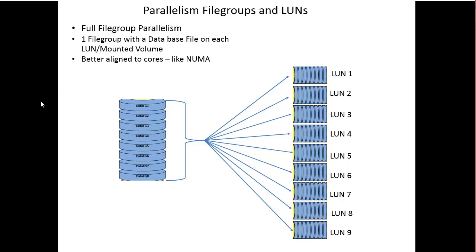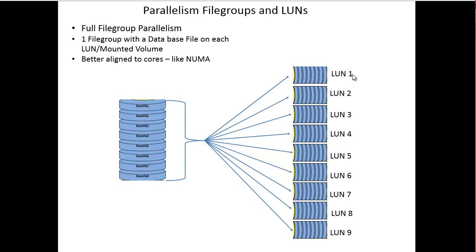So now what I have is one file group with a database file on each LUN defined on my server, and this gives me better alignment all the way through to the processors. So literally each one of my 8 processors has access to a portion of the data on all LUNs.